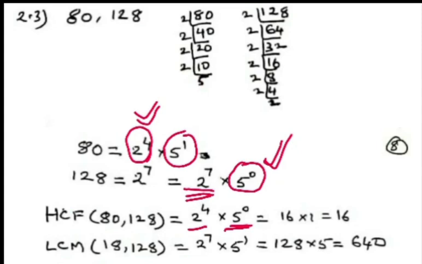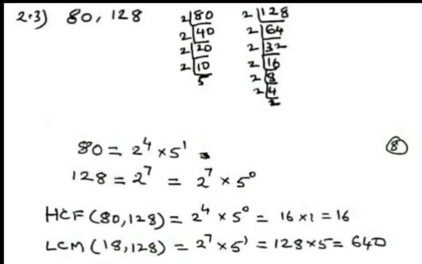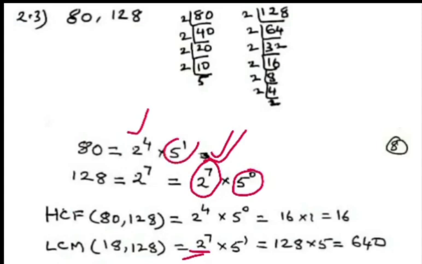Now to find LCM, we have to find the highest power. Between 2 power 4 and 2 power 7, which is the highest power? 2 power 7, so we consider 2 power 7. Now 5 power 0 and 5 power 1: which is higher, 1 or 0? So 5 power 1.